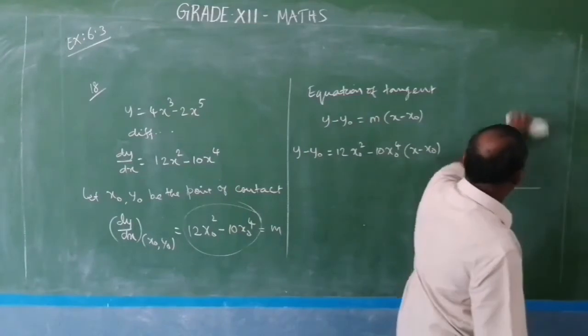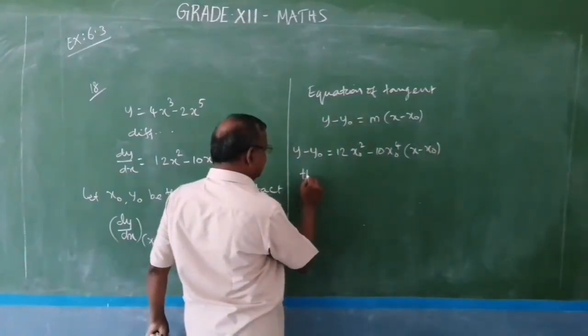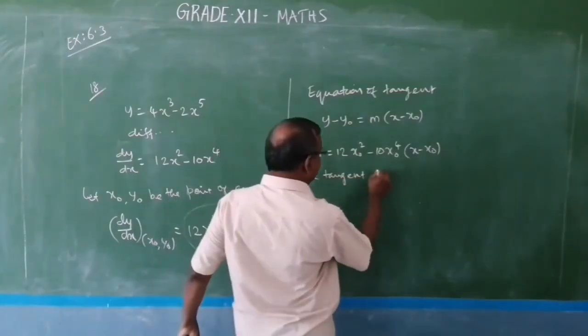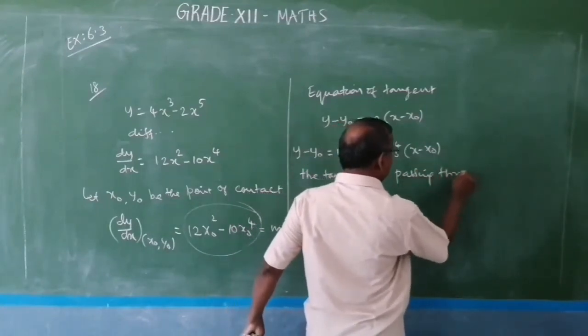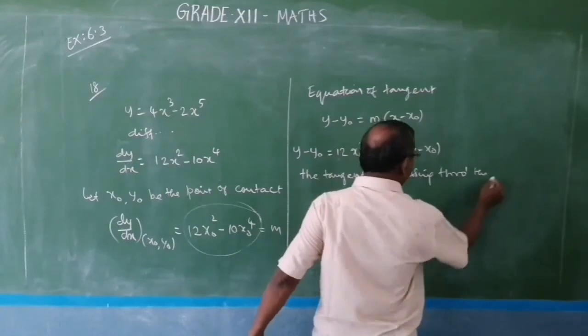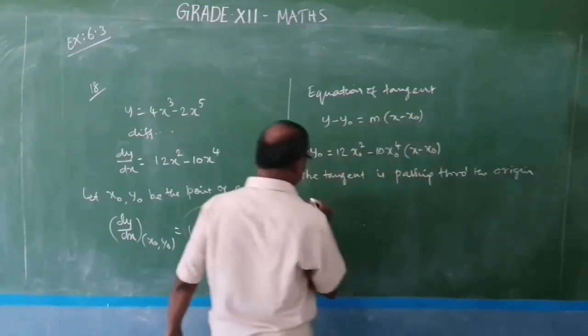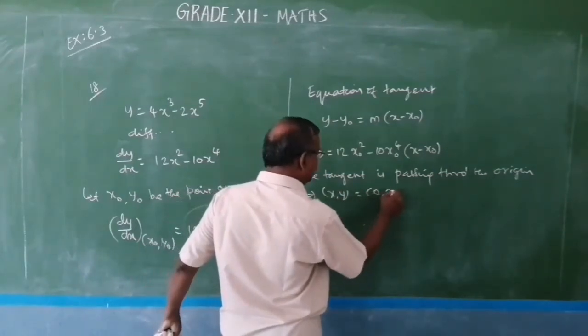Since the tangent passes through the origin, the tangent is passing through the origin, we have x comma y equal to 0 comma 0.